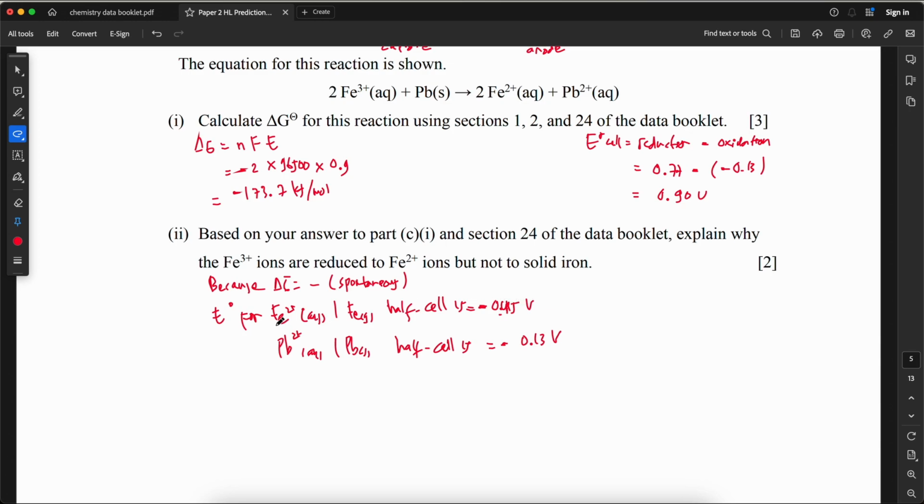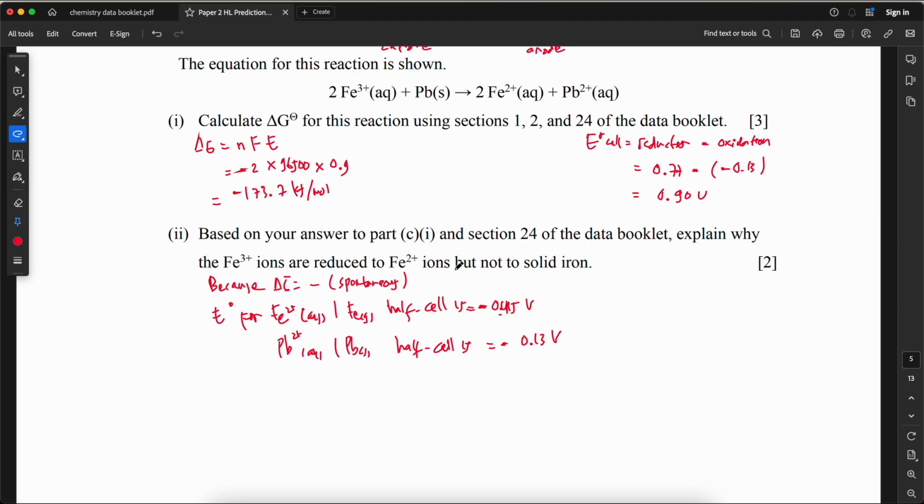So Fe2 plus to Fe solid is less positive than Pb2 plus and Pb, right? So in this case, the E cell will be less positive. So delta G will be positive. So it's not spontaneous. All right.